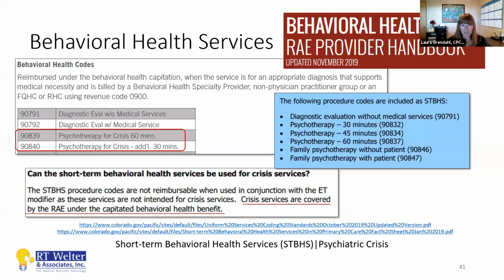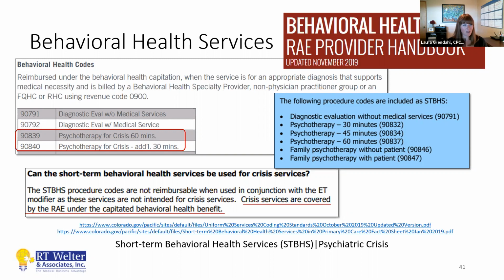One of our questions: what needs to change when coding for behavioral health services outside of the 6 integrated behavioral health visits, at visit 7 and beyond? So this is a really great question.